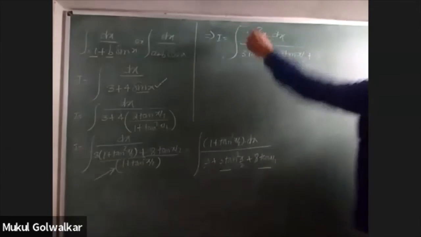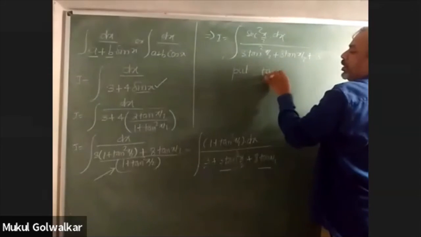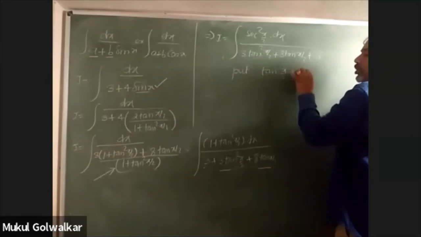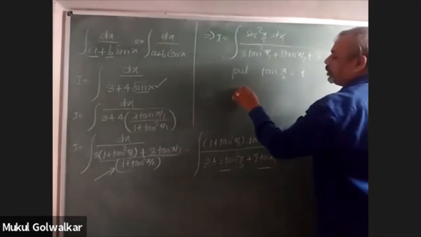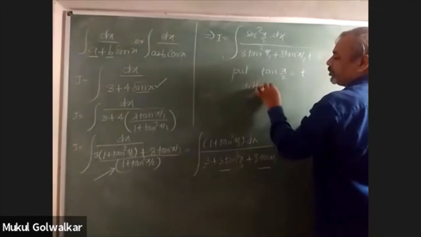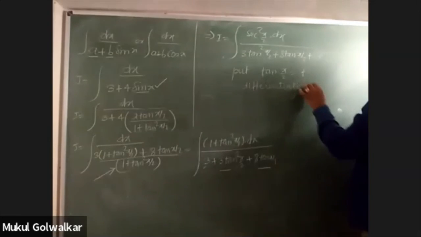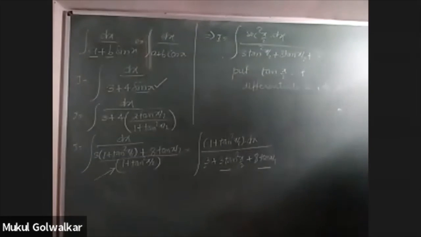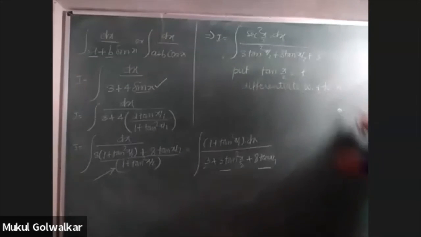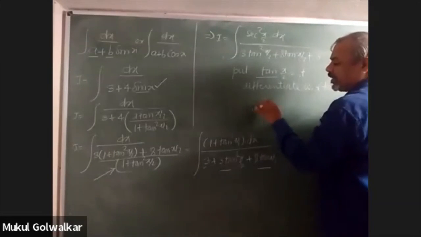And then I am writing the substitution for you. If I write tan x by 2 is equal to t, and you know, after following the substitution, we are required to differentiate. So when we differentiate with respect to t or with respect to x, it is one and the same thing. So I have differentiated with respect to x. So the tan function has got the derivative sec square.